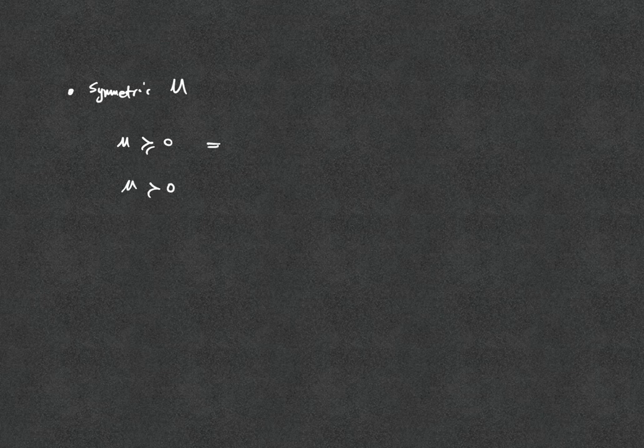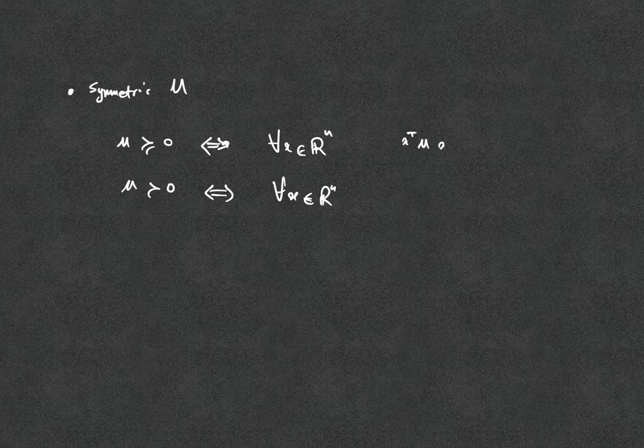Let's do a review of the concept of positive semi-definiteness. If you have a Hermitian matrix, or in this case a symmetric matrix M, then M is positive semi-definite, or M is positive definite, if for any arbitrary vector x that you choose, this value satisfies these two inequalities.